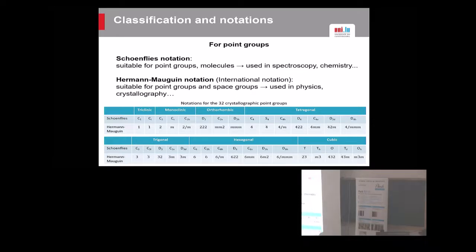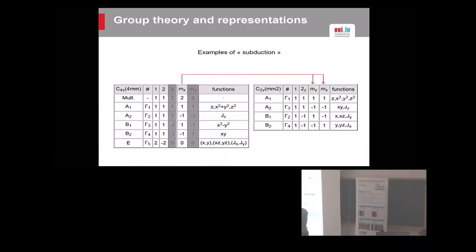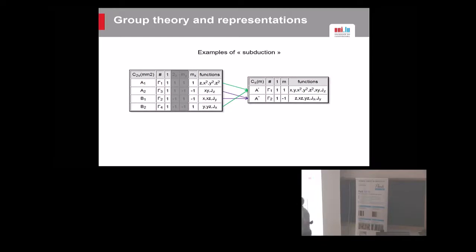I'm not sure I understand exactly what you're looking for. So let me still go to this example and show how naturally you can go from the irreps of a supergroup to the irreps of a subgroup. Let's take again the character table for C2V or mm2, and I'm considering as a subgroup just the m, so just identity and one mirror plane, which I take as mx.